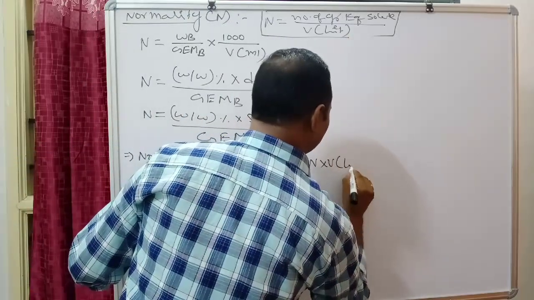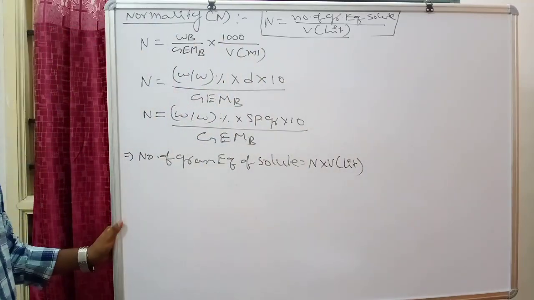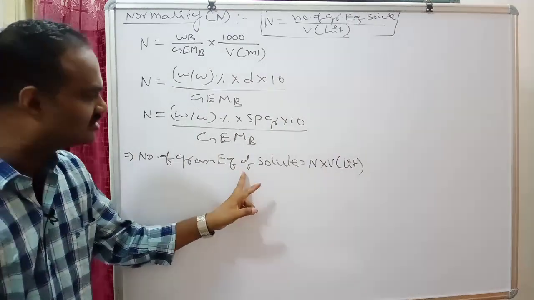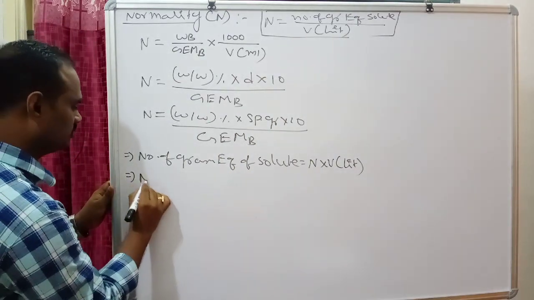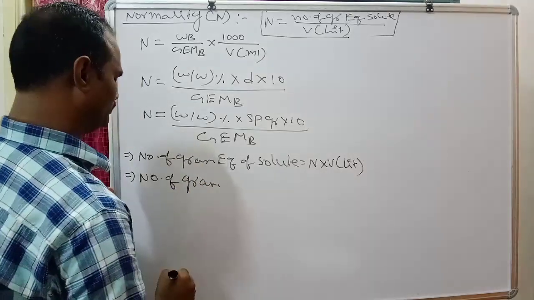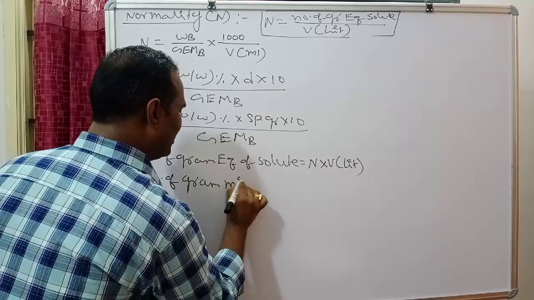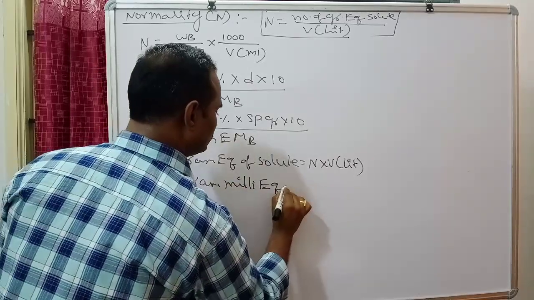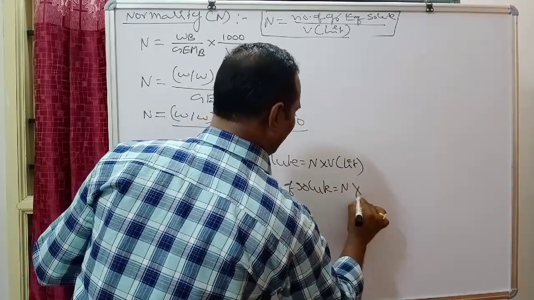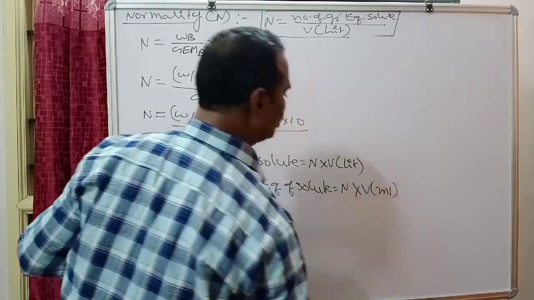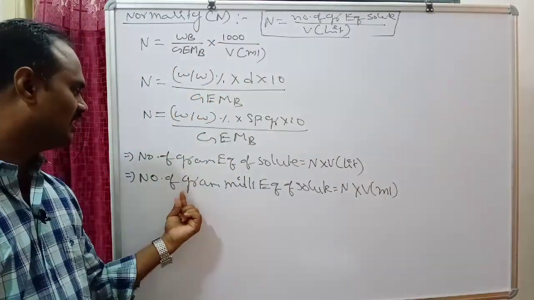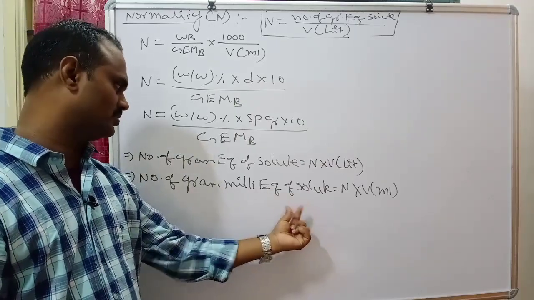What you are getting? Volume in liters. Normality into volume in liters gives the number of gram equivalents of solute. Suppose you want the number of gram milli equivalents of solute: normality into volume in milliliters gives gram milli equivalents of solute.